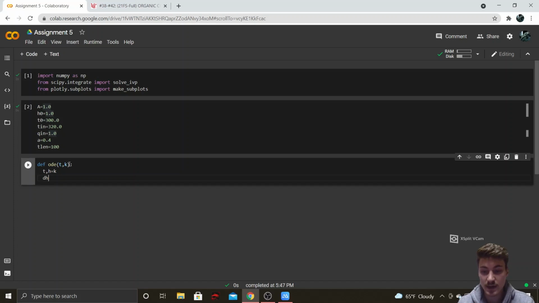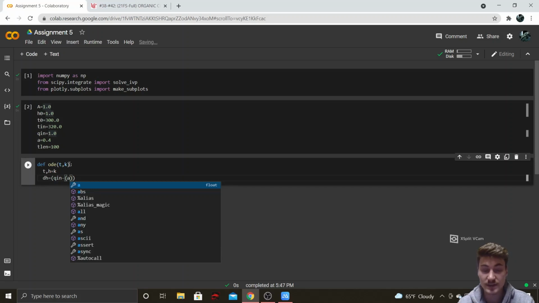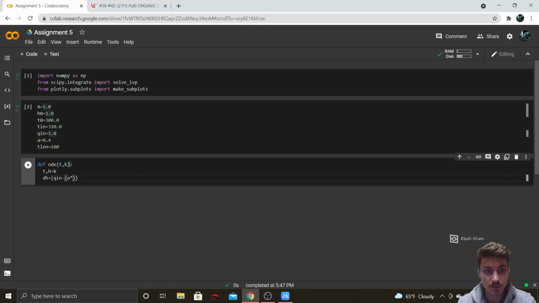So our change in height is equal to, I have the formulas here, our Q in minus our alpha, that I just put as lowercase a, so Q in minus alpha times our H to the 0.5, square root, and then that's all divided by our A, the area. And yeah, that is the equation for that one.